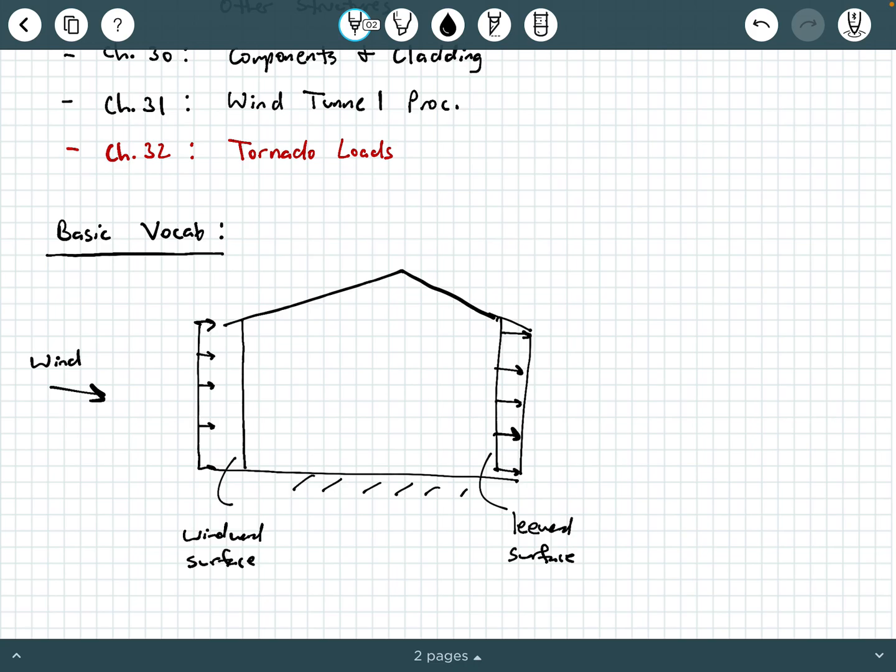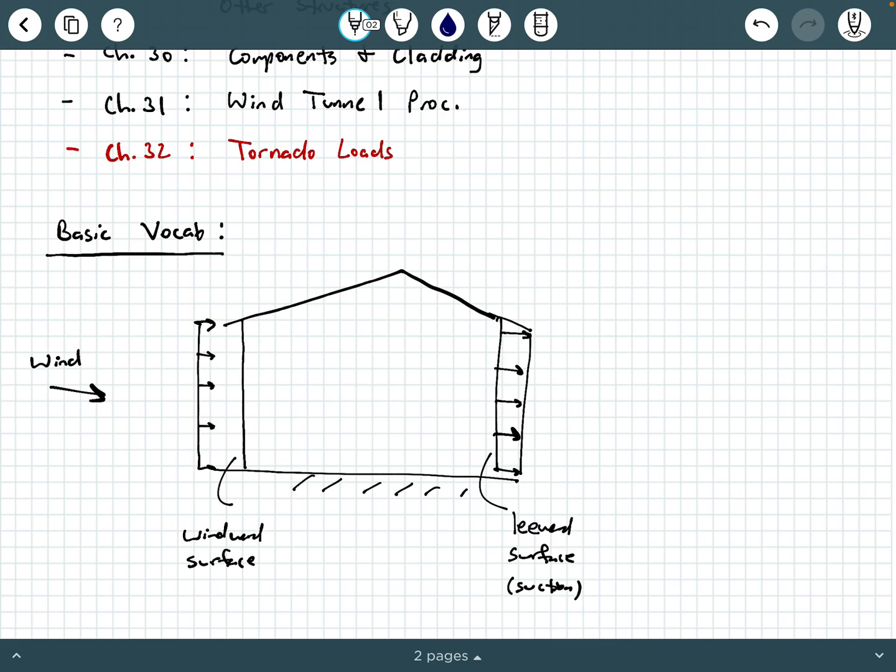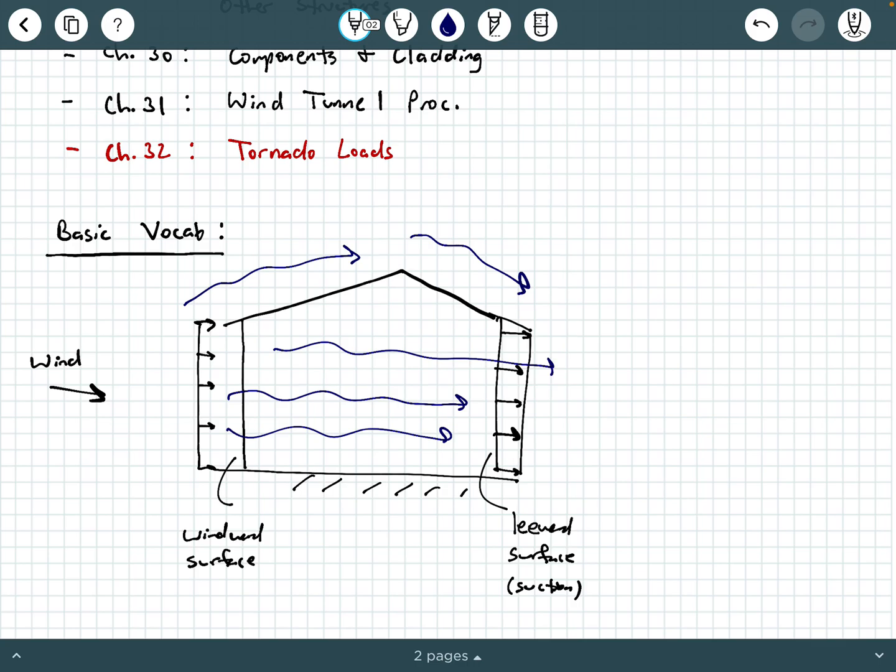The leeward surface is experiencing what we call suction, okay? Now, the reason this happens is because as the wind hits this windward surface, it eventually blows around the building. This is my poor attempt to show the wind blowing around the building, okay? And when it blows around the building, it's going to create a suction effect on the opposite side, okay?